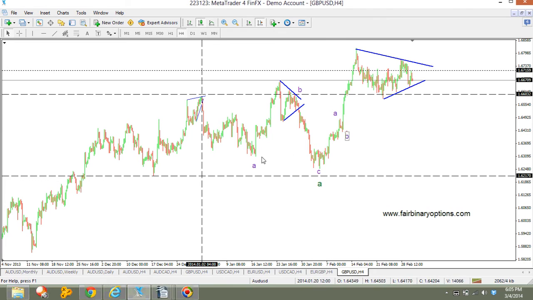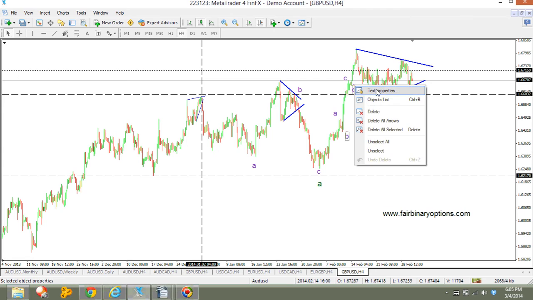Then the B wave. Then the C wave of the same degree to be done here, 1, 2, 3, 4, 5. So A, B, C. Then the X wave to come here.